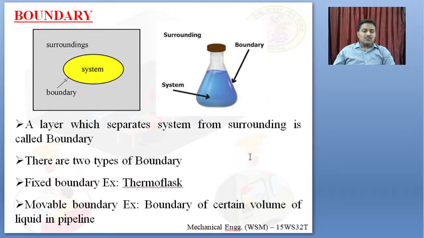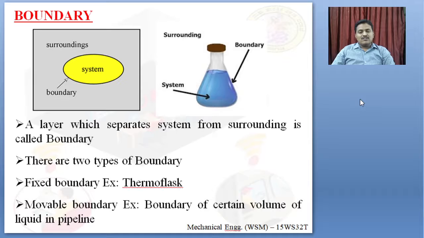There are two types of boundary: one is a fixed boundary, another is a movable boundary. A fixed boundary is one in which the boundary is fixed. Example: a thermoflask, where the liquid will not go outside and the boundary is fixed. A movable boundary means the boundary will move when the fluid starts moving.